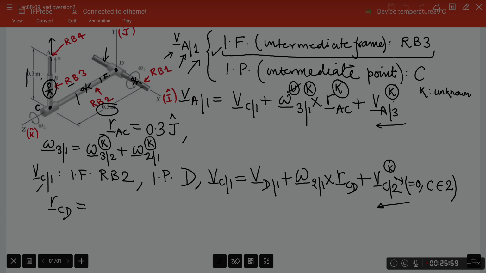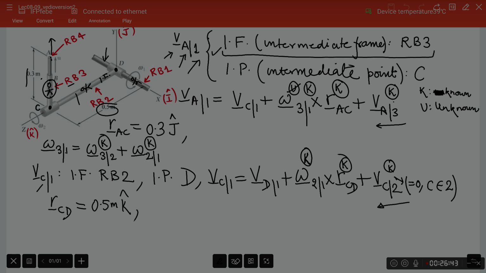RCD is 0.5 meters in k hat direction. So this quantity is also known. K is supposed to represent a known quantity, U is supposed to represent an unknown quantity. Is omega 21 known? Indeed it is known. If you go to the first slide, we did extract this information from the given problem statement itself.